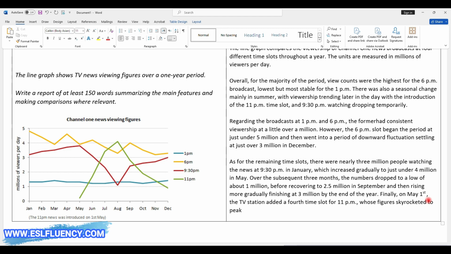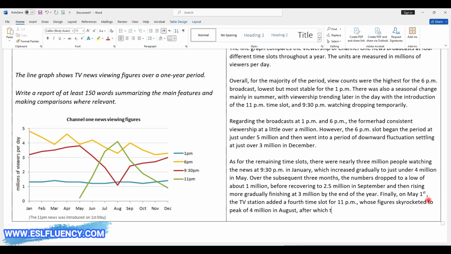To a peak, skyrocketed to a peak of 4 million in August. All right, you can just say becoming the most popular in that month.